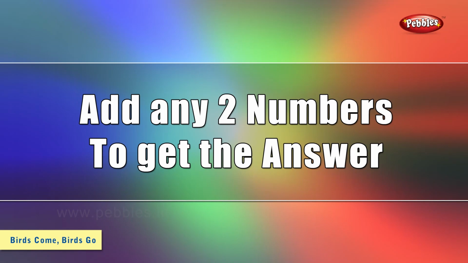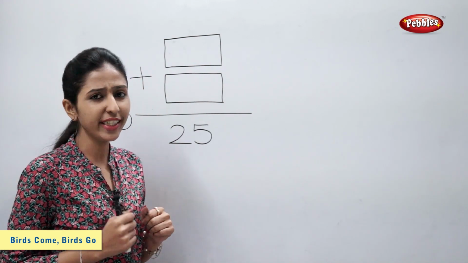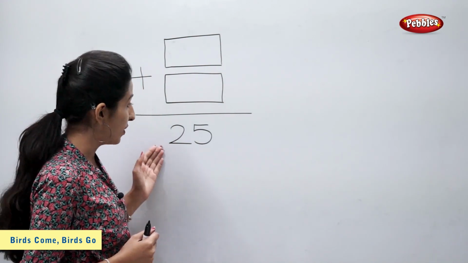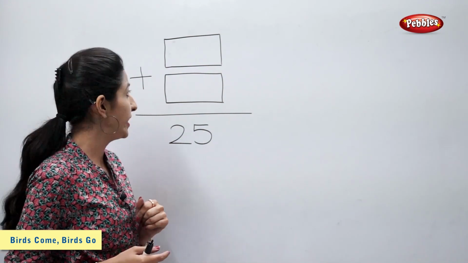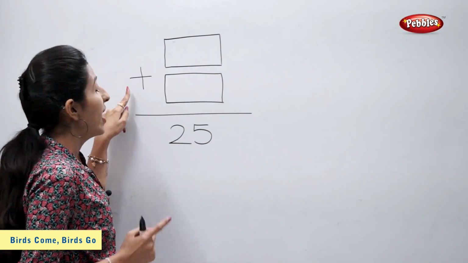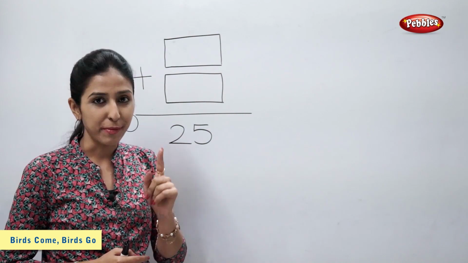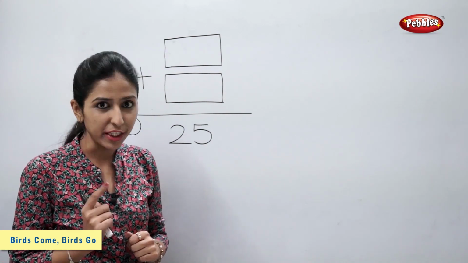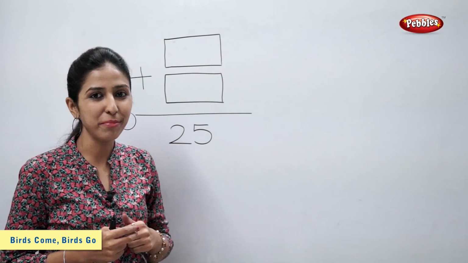Add any two numbers to get the answer. Students, here we have a different kind of sum. We already have the answer 25 and we have to find two numbers, addition of which is 25. Remember students, to get a particular number, we can use combination of various numbers.